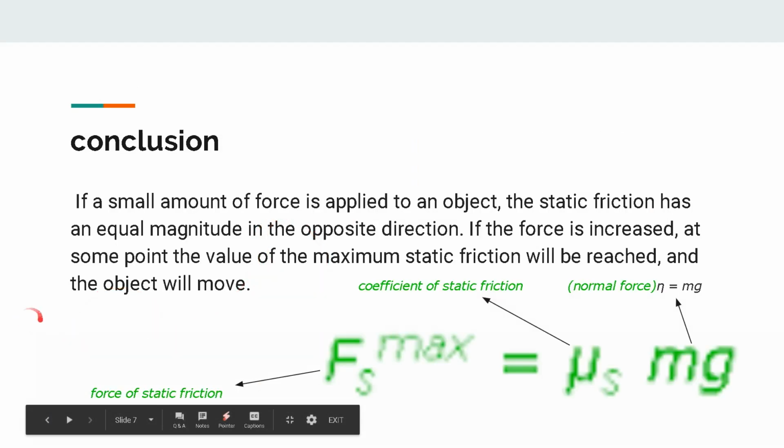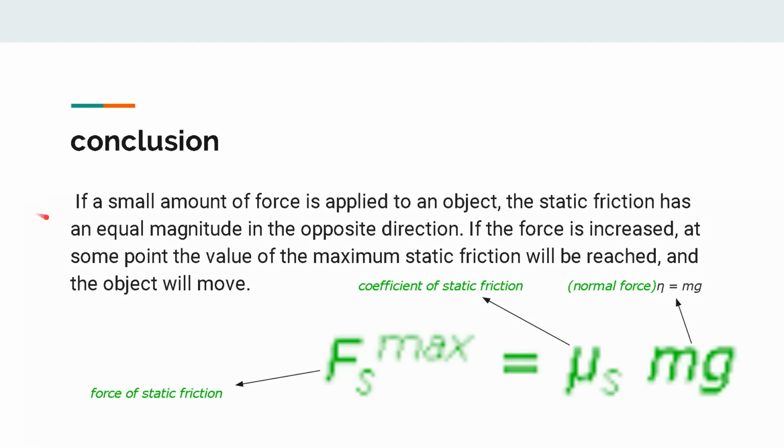And to conclude, if a small amount of force is applied to an object, the static friction has an equal magnitude in the opposite direction. If the force is increased to a certain point, the value of the maximum static friction will be reached and the object will move.